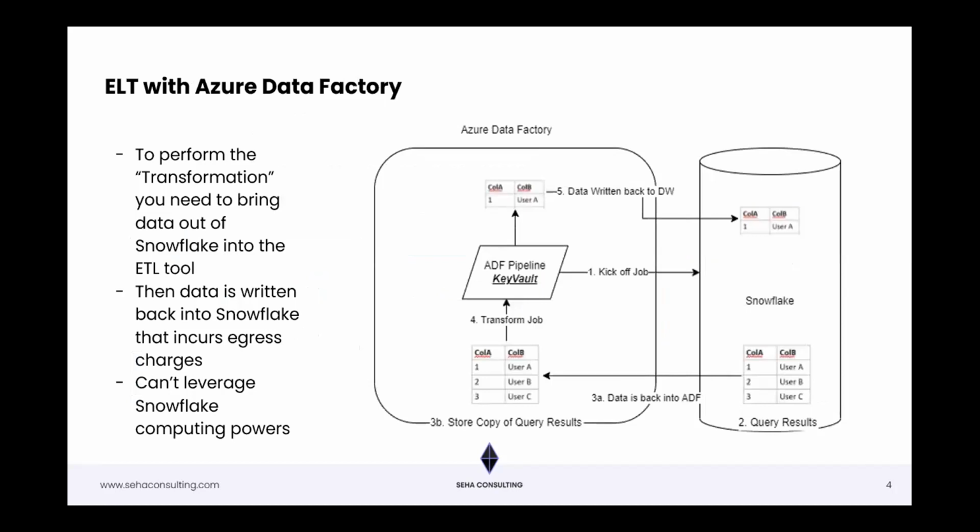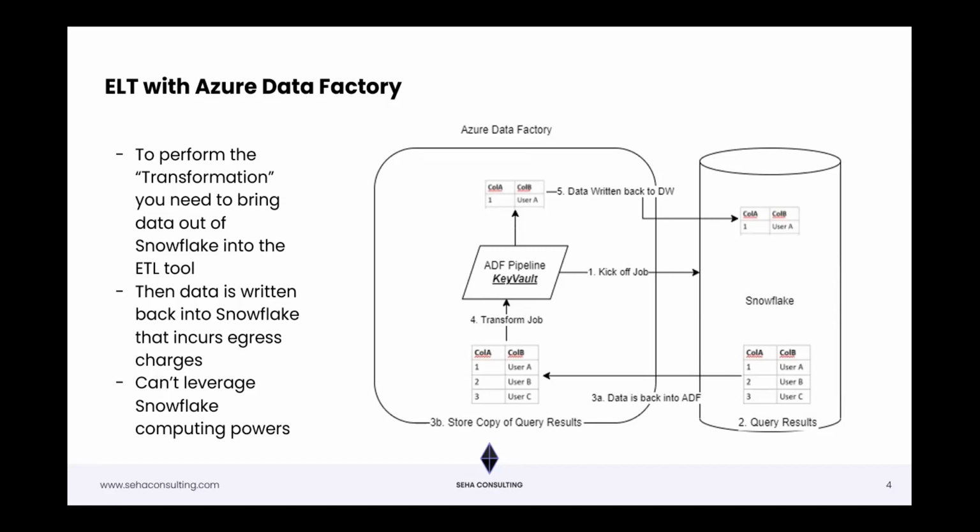So we talked about the why of DBT, right? Why use DBT compared to another ETL tool? We give an example here of using Azure Data Factory. If you were to use a tool like Azure Data Factory, another cloud-based ETL tool, how does it typically perform the transformations? Step one, you kick off a pipeline from Azure Data Factory to go fetch some data that's in Snowflake.